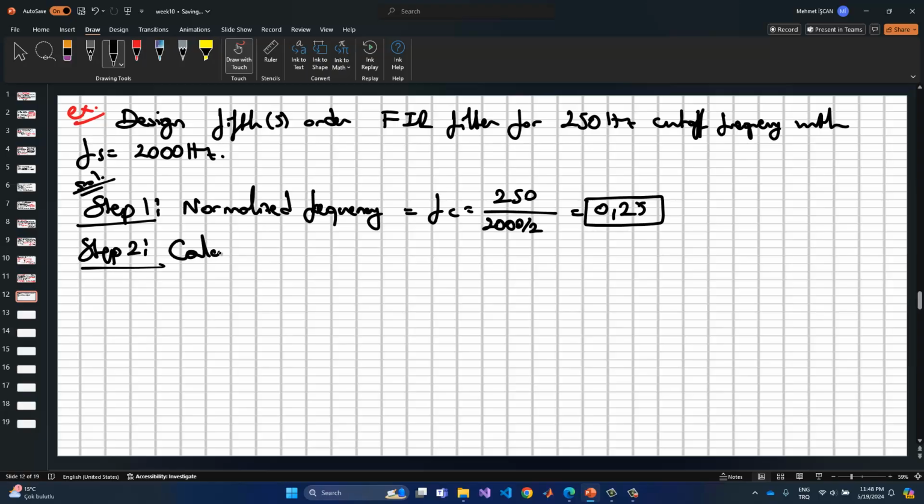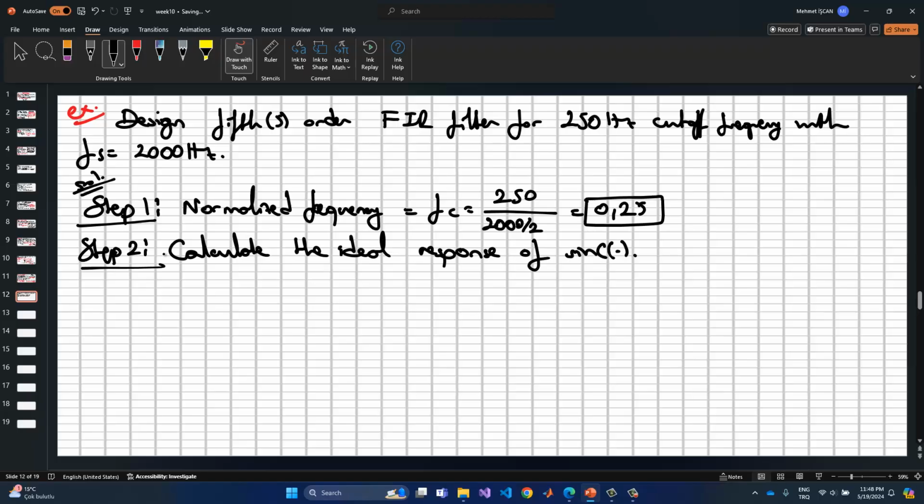In step 2, calculate the ideal response, the ideal response of the sinc function.